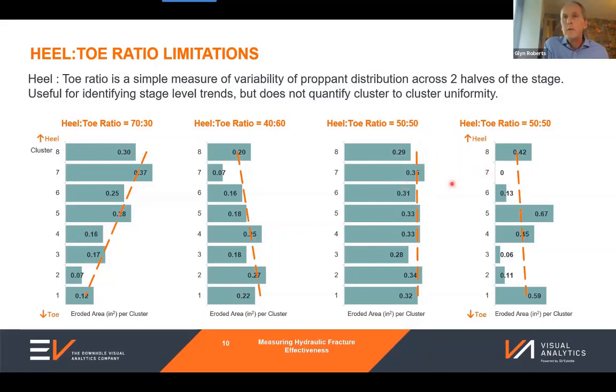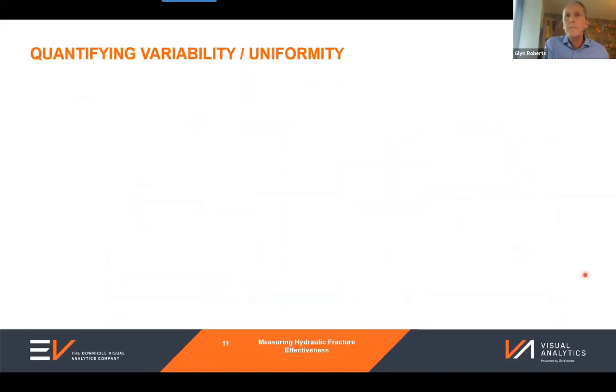So if we look at the two example stages on the right, they both have the desired 50-50 split. So they've both got the same amount of perforation erosion going on in the 4 clusters closest to the heel as they have in the toe. But there's a big difference in the cluster-to-cluster variability, and it's not captured in that number. So we need an additional metric, an additional way of quantifying this variability.